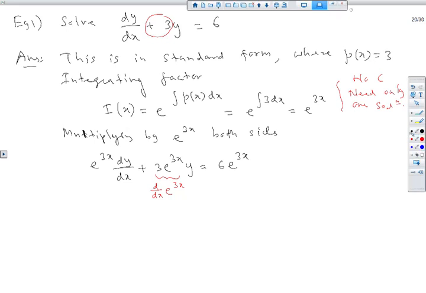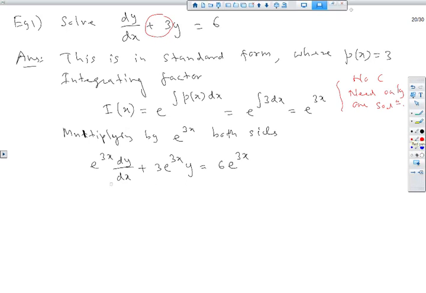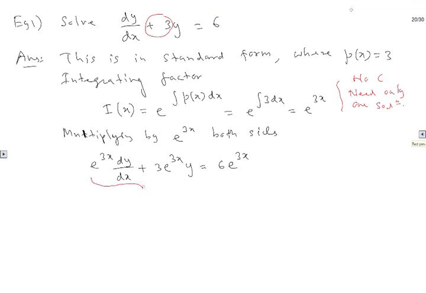Good. So because of that, this side simply becomes the derivative of the product.